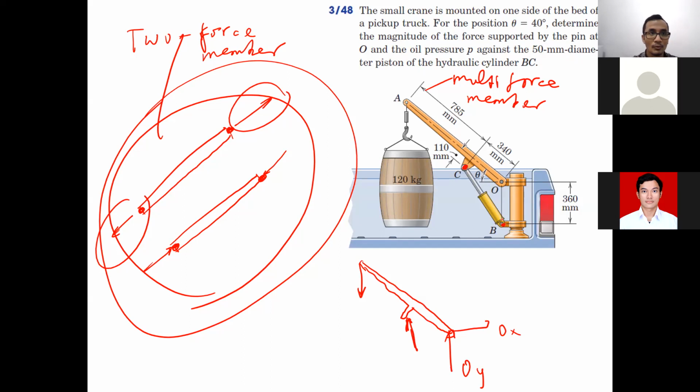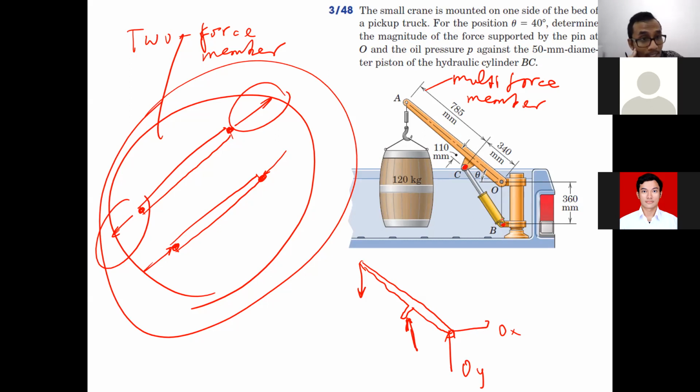Okay. When we talk about a multi-force member, it means a member where the force is not only happening at both ends. So beside the two force member, all other types of member we call multi-force members. That's very simple. A multi-force member is the other type of member beside the two force member.